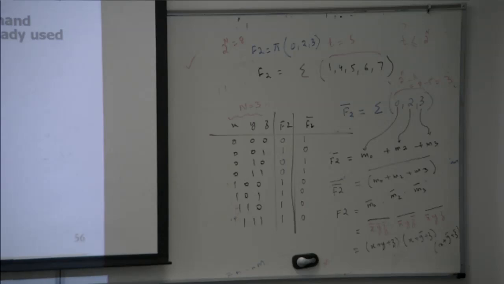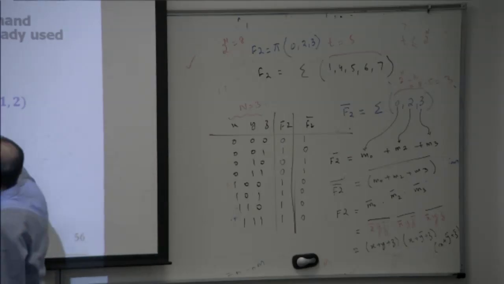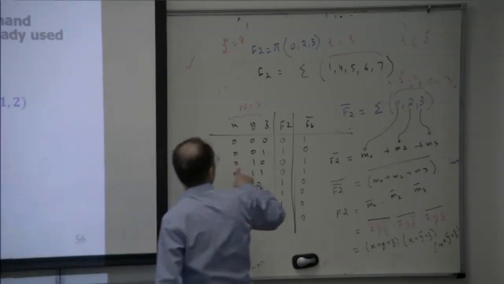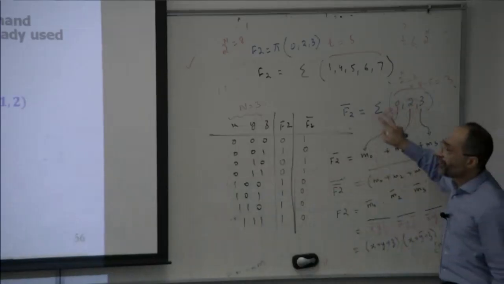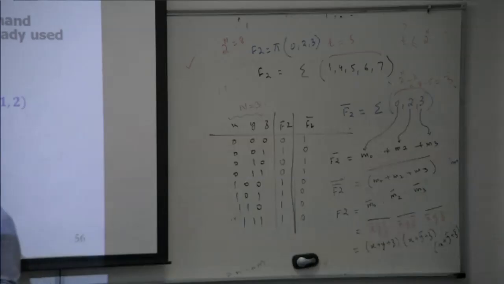This is the expansion of f to f bar. If we have an f which is sigma of 3, 4, 5, 6, 7, then f bar is the same sigma, using the same example. It covers how many combinations? 5.